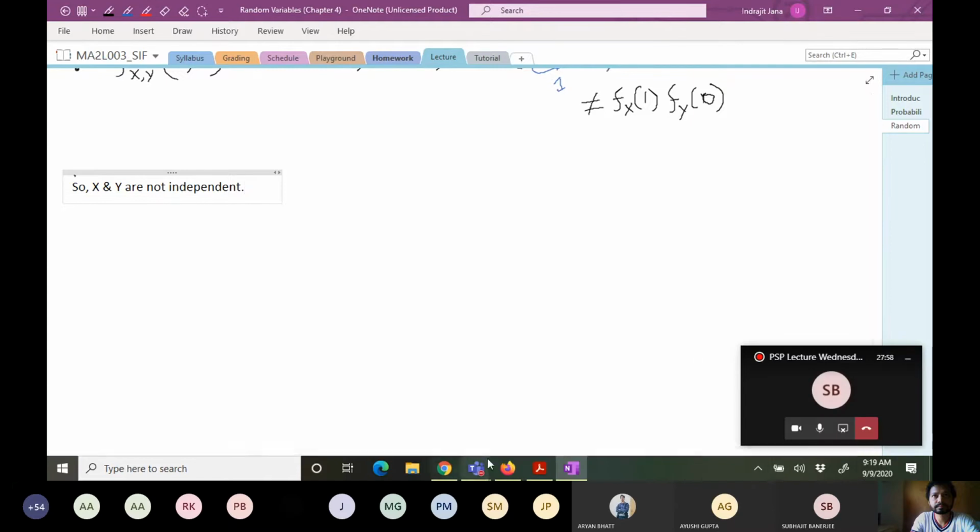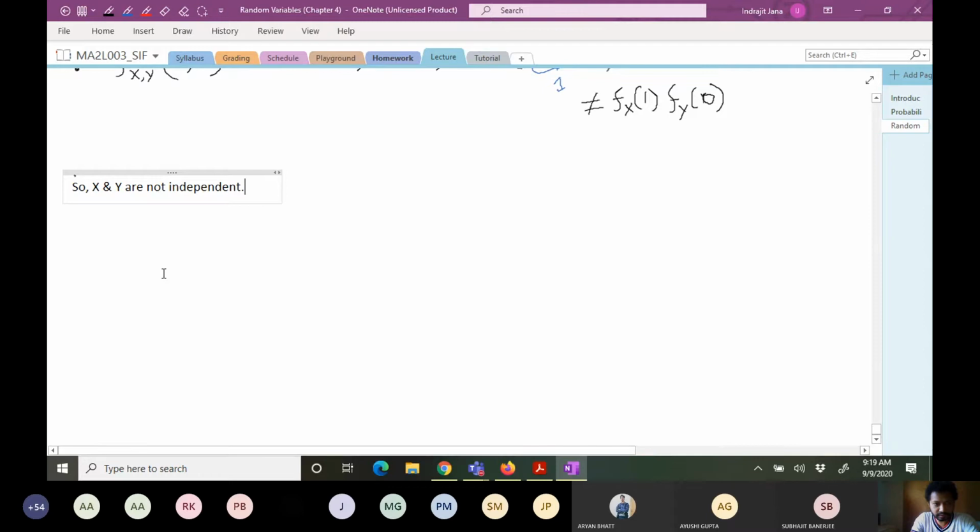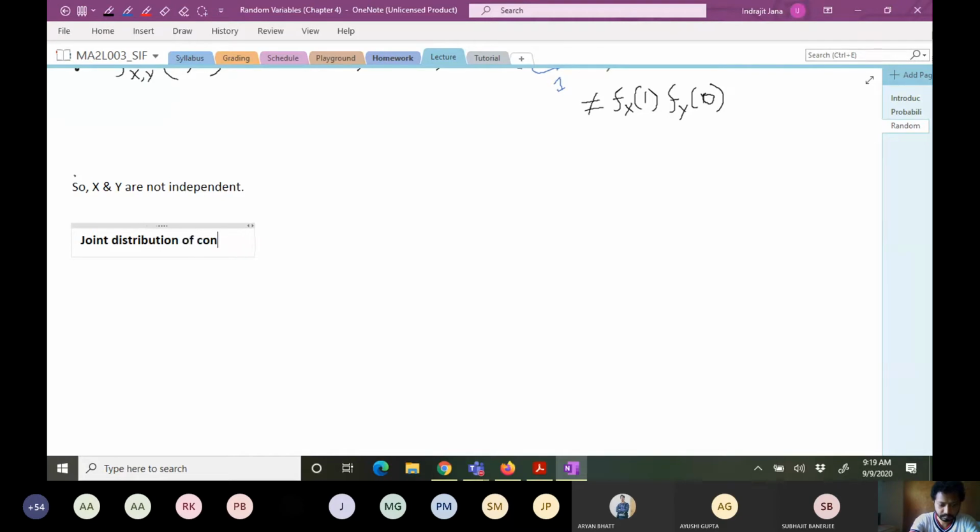Okay, so the next thing that we would like to move to is the continuous case, which is joint distribution for continuous random variables. All right, so I'll start with an example.